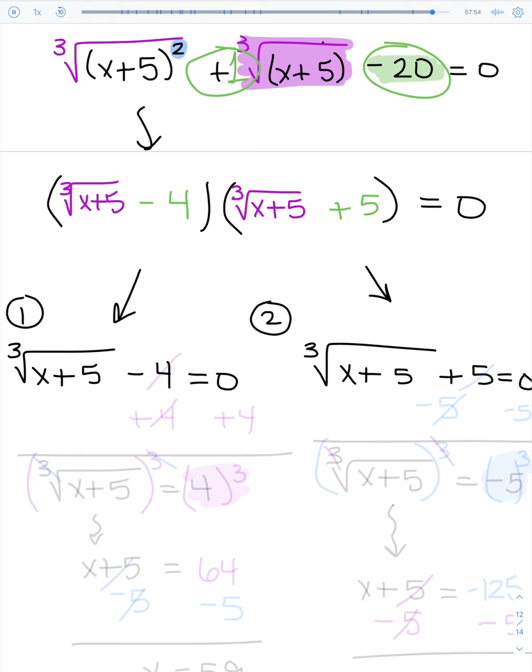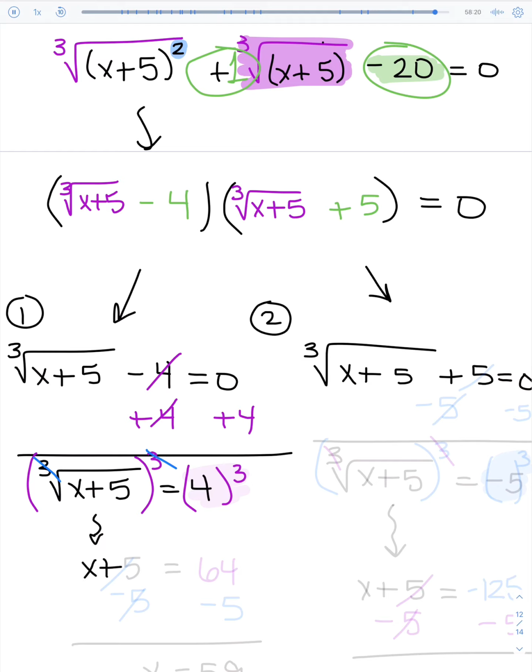In the first one, we're going to get the cube root by itself by adding 4 to both sides. So what that'll do is give us the cube root of x plus 5 equals 4. So how do I get rid of a cube root? Well, we'll do the opposite. We'll cube both sides. That will get rid of our cube root with a cube and leave us with what was underneath, the x plus 5.